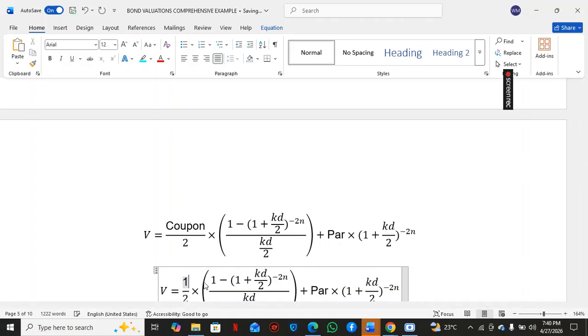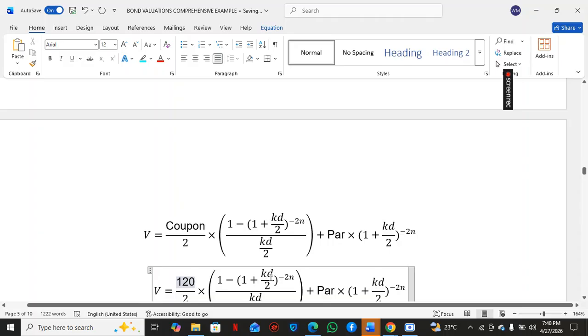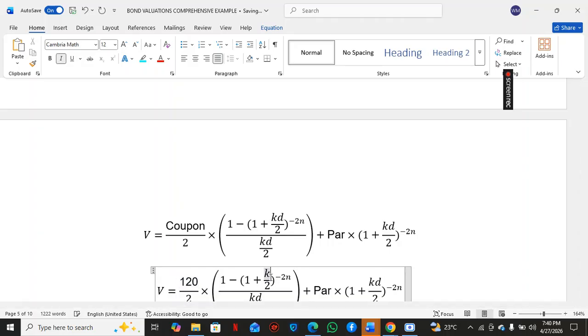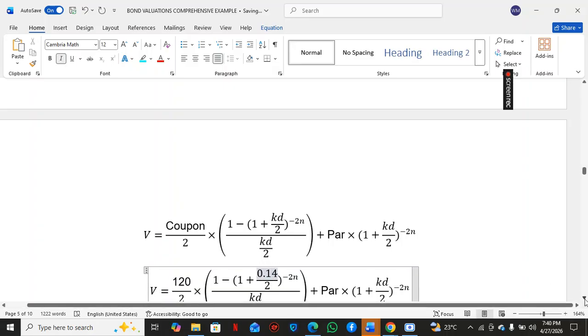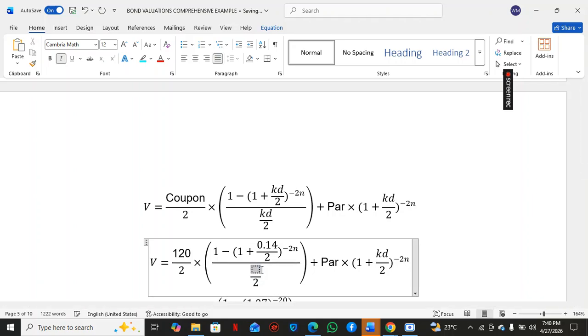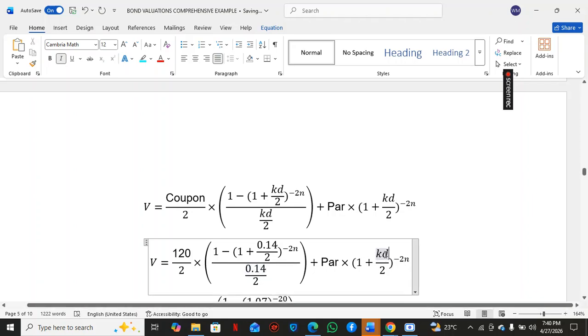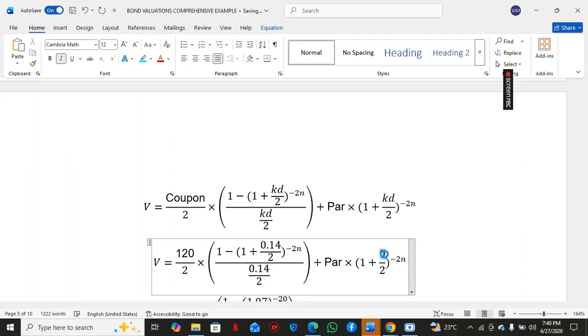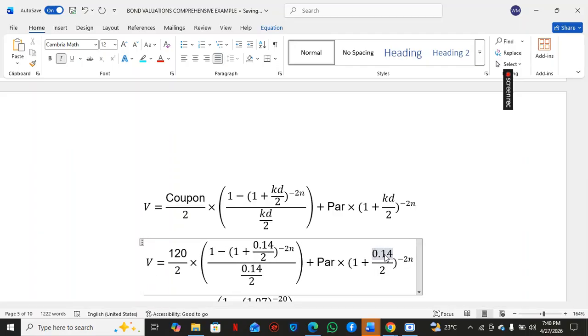This is the interest payment you receive, and you divide it by two. Our discount rate was 14%, so it's 0.14 divided by two. Even here, 0.14 divided by two. Even here, you're going to say 0.14 divided by two.